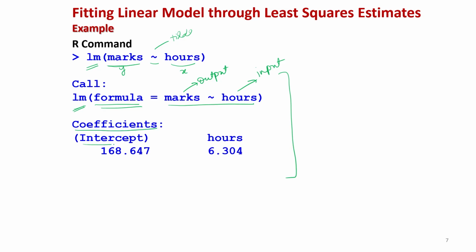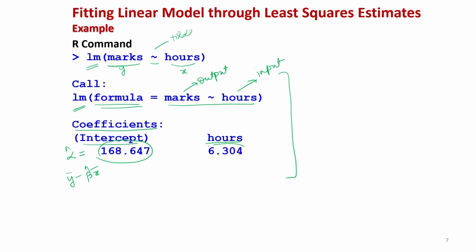The first coefficient is the intercept and the second is for hours. If you try to recall, the intercept was your alpha hat. This is the value of alpha hat, 168.647, and this was y bar minus beta hat x bar.